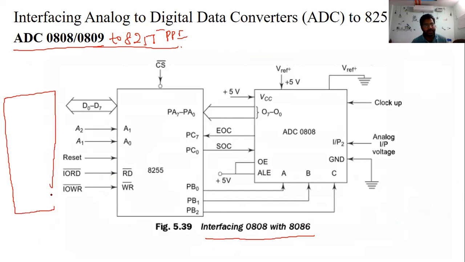This is mandatory. This is the 8086 microprocessor, this is the 8255 PPI, and this is ADC 0808. They may give the name here, but they can miss the microprocessor.